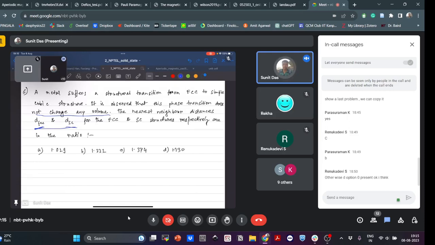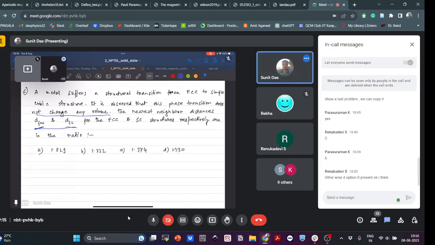So anyone have any idea how do you solve this problem? Sir, nearest neighboring distance means I think coordination number.